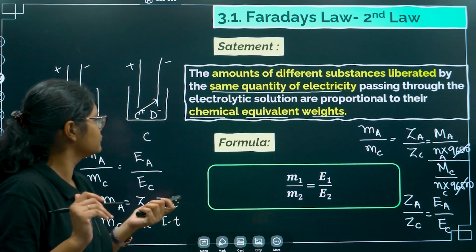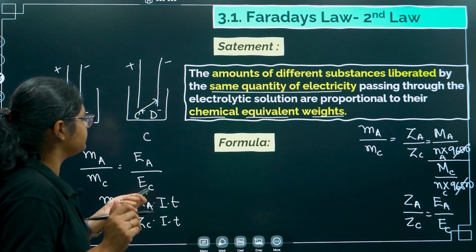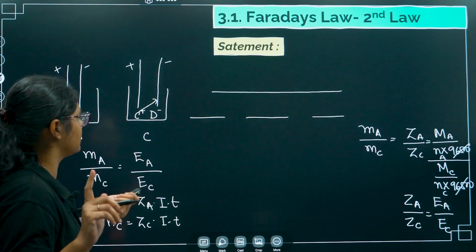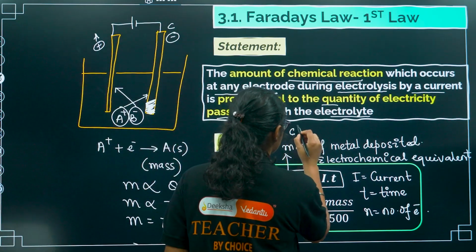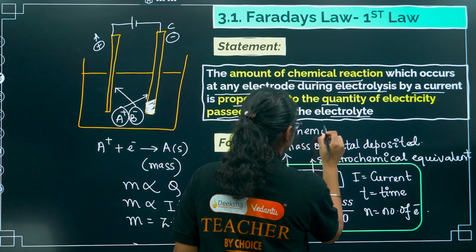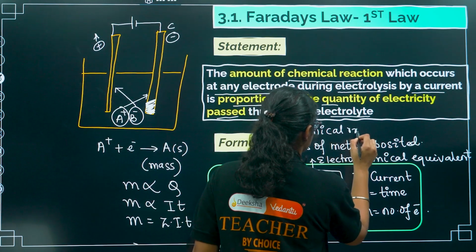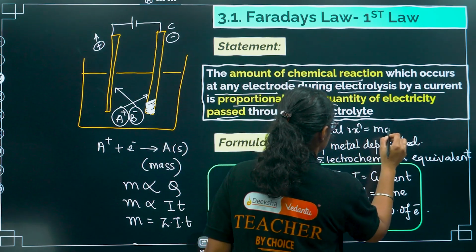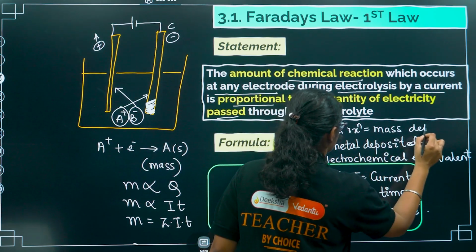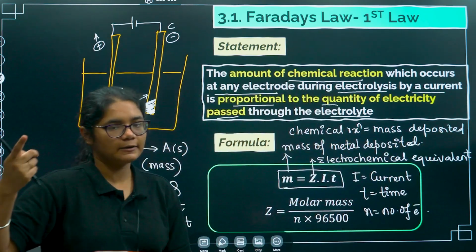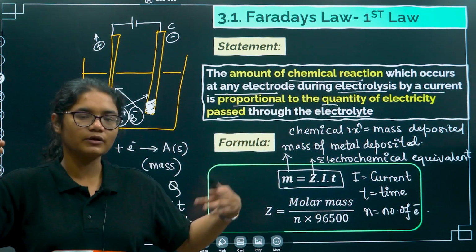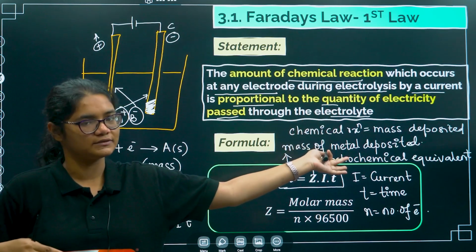So I can write one more statement here for the first law: when I am saying chemical reaction, that means mass deposited. So chemical reaction is proportional to the current passed. More current passed, more chemical reaction, more mass deposited.